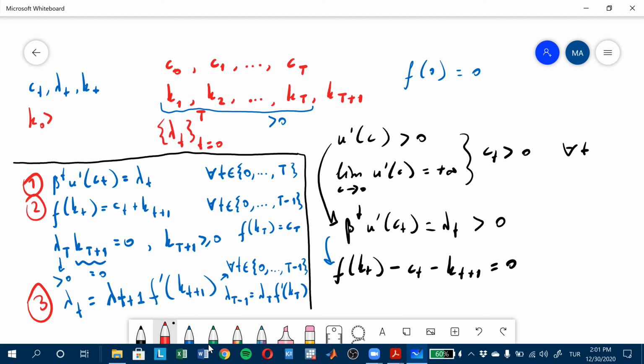Well, there is an initial condition and there is a terminal condition now. So what about C_0 and lambda_0? Well, they're going to be chosen to satisfy this constraint and this constraint, right?